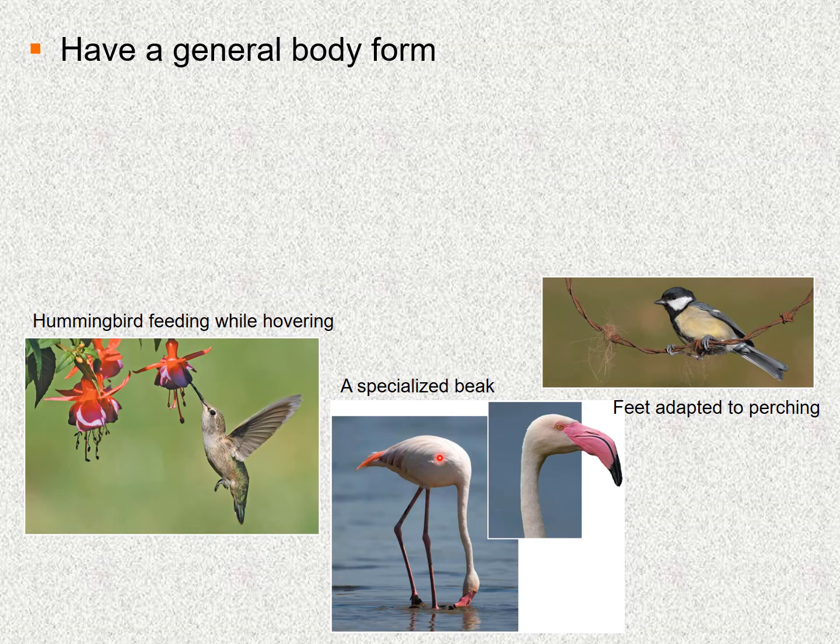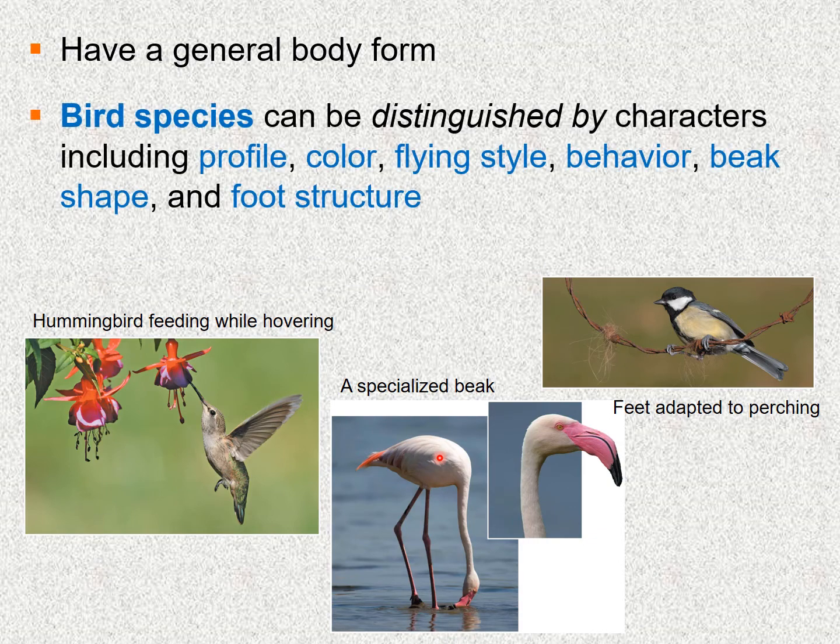But there are many other different adaptations and variations of birds. So a lot of the bird species, if you like to watch birds, you may be able to distinguish them by characters like their profile and their color, the way that they fly, their behavior, the beak shape, and the foot structure.